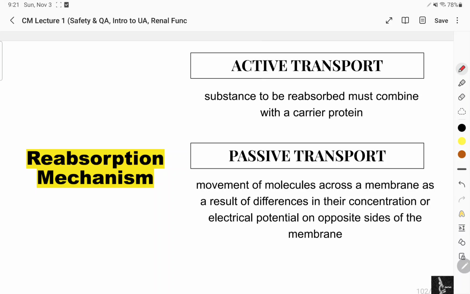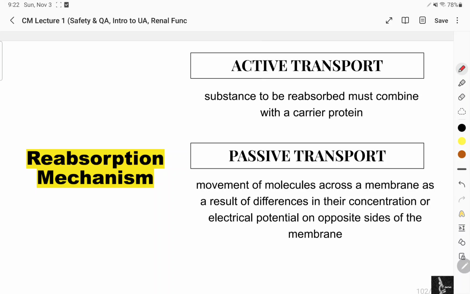So, also in the reabsorption mechanisms, active and passive transports are used because not all substances can pass through directly or easily.